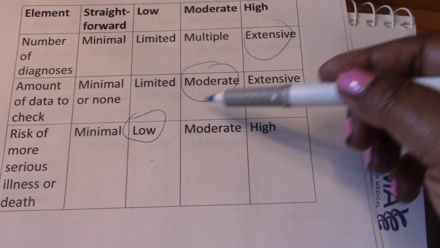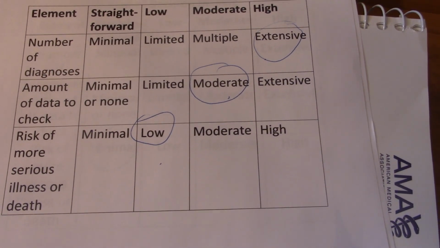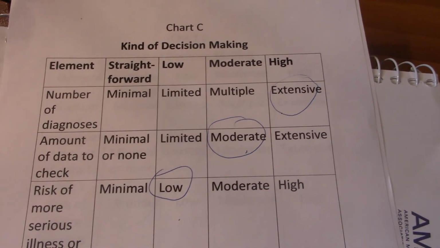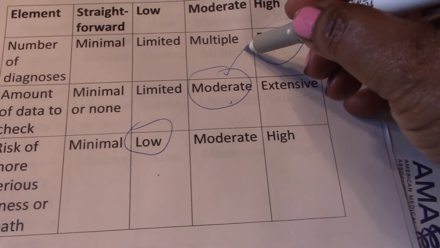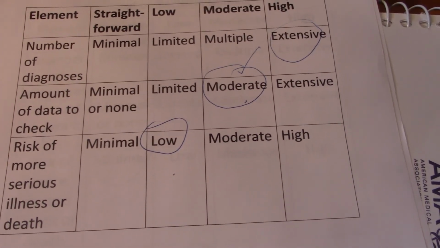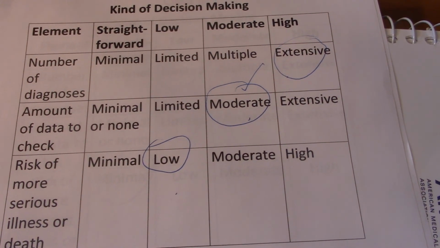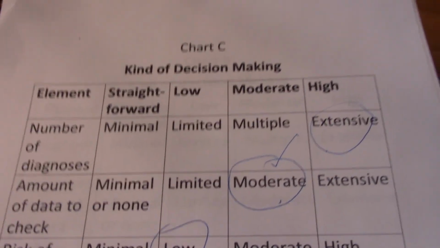We've got low, moderate, and extensive. Okay. In this case, the decision making would be considered moderate, right? Because it's based on the 2 out of 3 rule that I discussed with you earlier. Continue to play with these charts until you get the hang of it and truly feel comfortable with the 2 out of 3 rule.